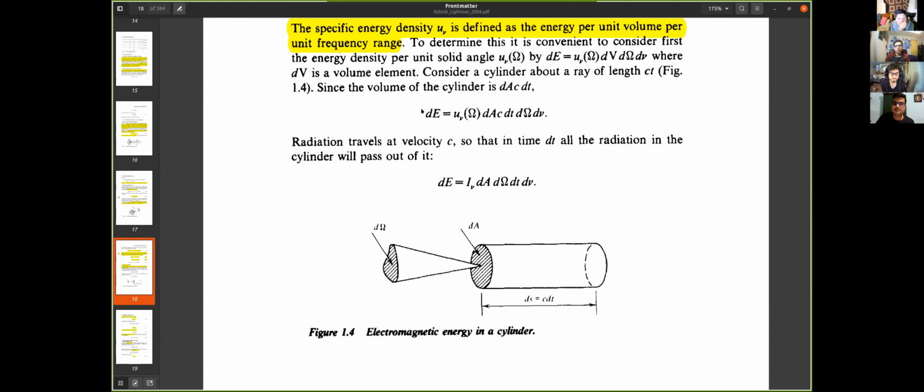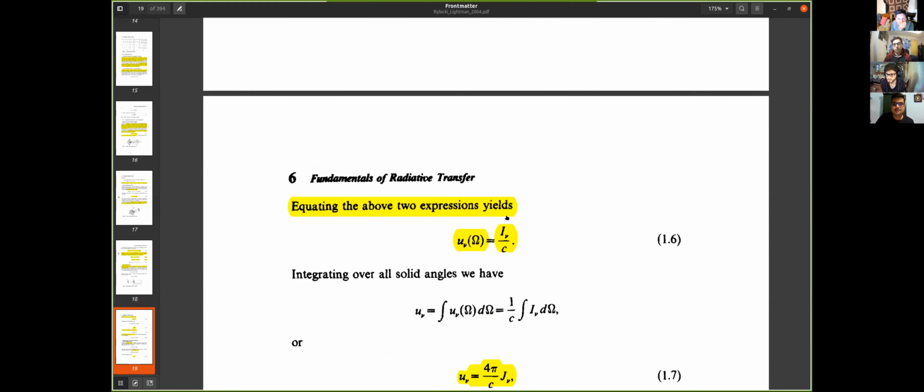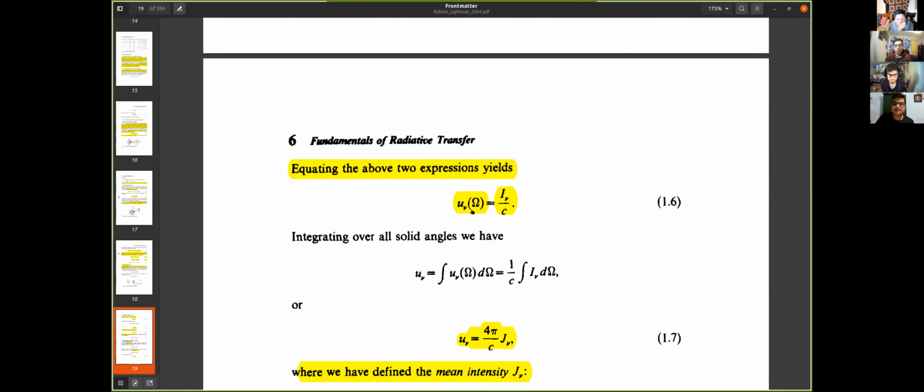Yeah, so then what the author does is equate equation 1 and equation 2, and then he gets an expression which relates the energy density in terms of specific intensity.